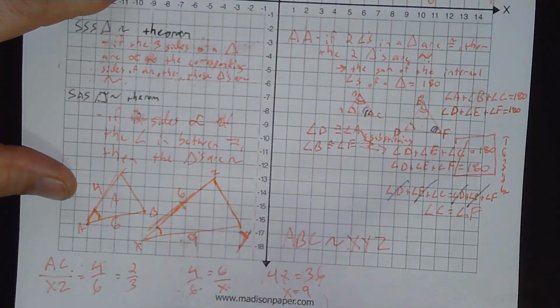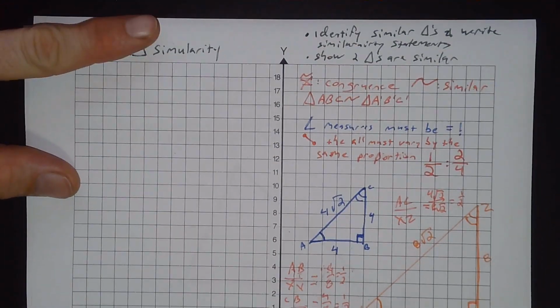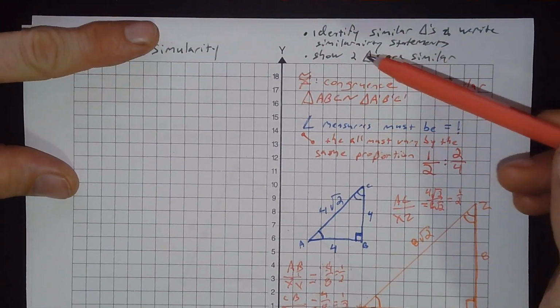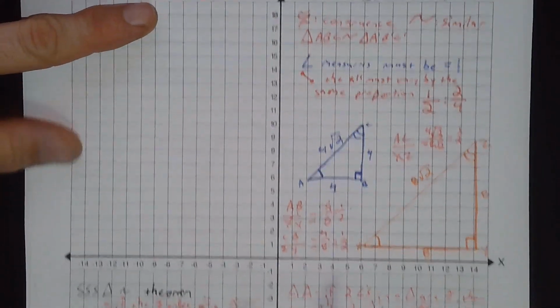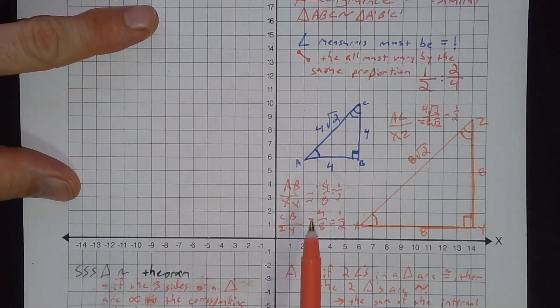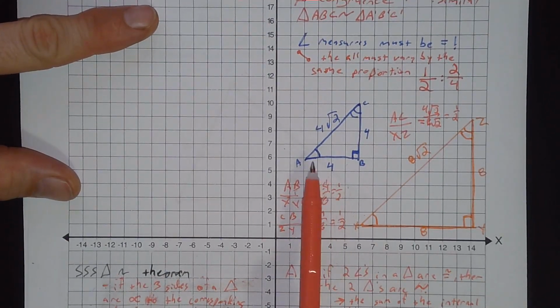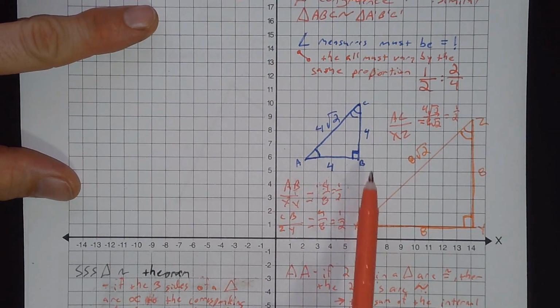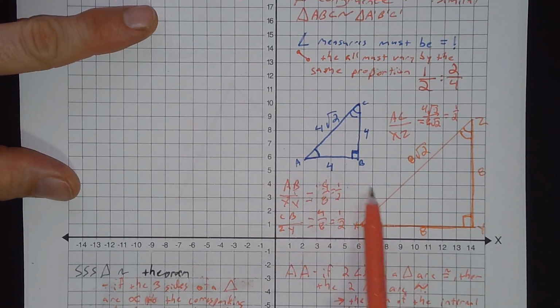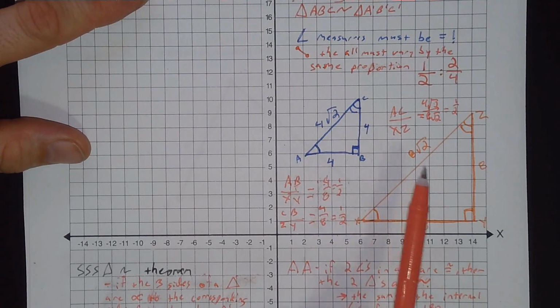Alright, so we did that. Now what else do we need to do? We need to show that the two are similar, and this is how you show that. You either pick big over small or small over big. It doesn't matter as long as you keep it consistent.